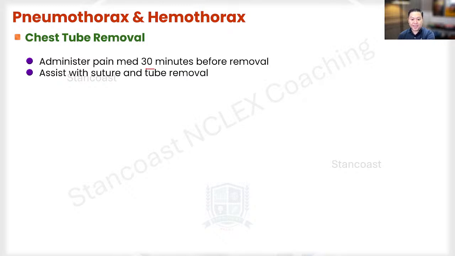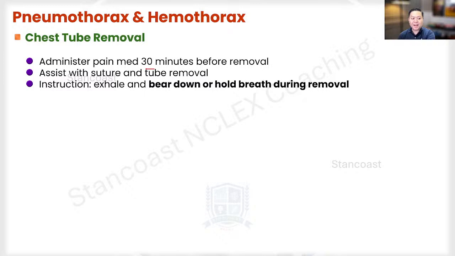And also you're going to assist with the removal of the tube, and also during the suturing process. Okay. Now, very critical here during the removal is to instruct the patient to bear down, do the Valsalva maneuver, and make sure they hold their breath during the removal. Okay, so what is the reason for that? This is to prevent the entry of atmospheric air into the pleural space.